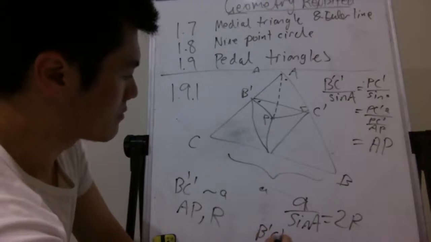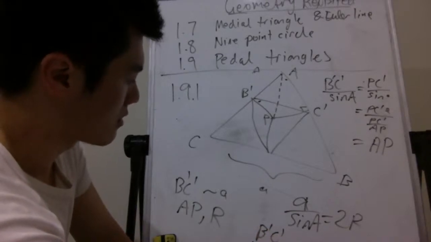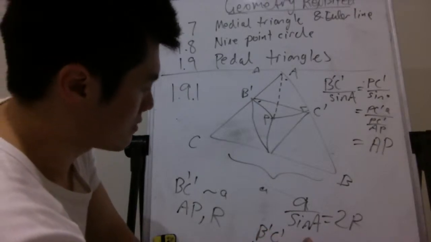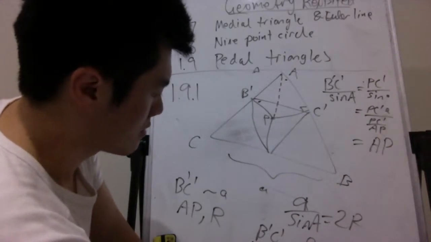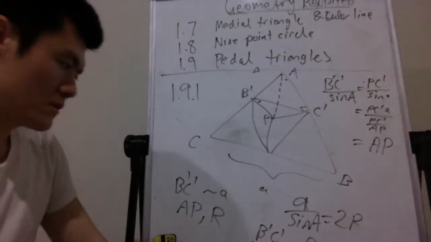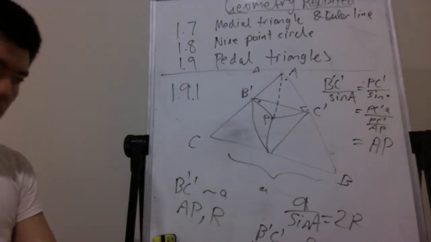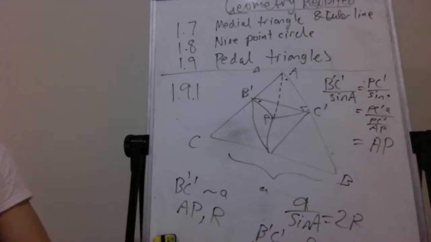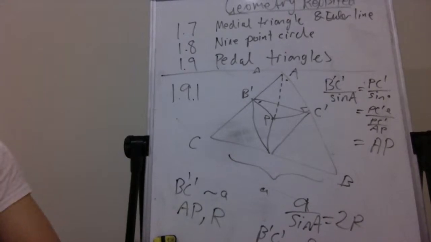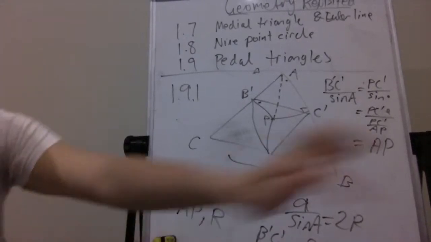So B'C' on a equals PA on 2R. Right, that's cool, I guess.